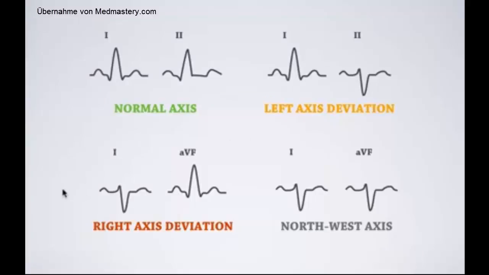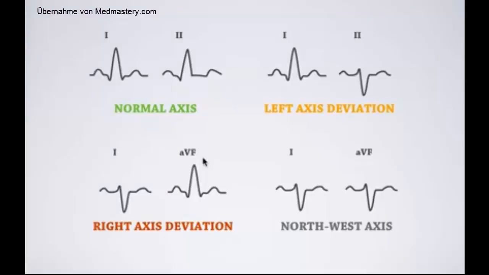In the examples on the bottom, lead 1 is mainly negative, so we have to look at lead AVF in addition to lead 1. If the lead to your right, that's lead AVF, is mainly positive, and the lead to your left, that's lead 1, is mainly negative, the patient has right axis deviation. And if both leads are mainly negative, the patient has a northwest axis.